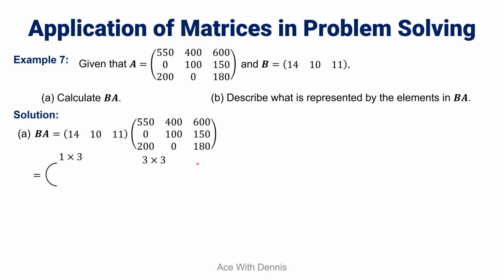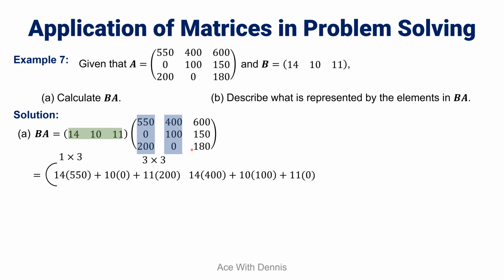So it equals to, now these elements multiply with these elements. We have 14 times 450 plus 10 times 0 plus 11 times 200. Next, these elements multiply with these elements, we have 14 times 400 plus 10 times 100 plus 11 times 0.